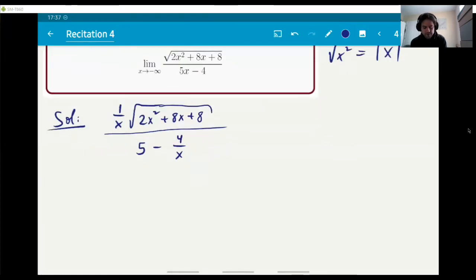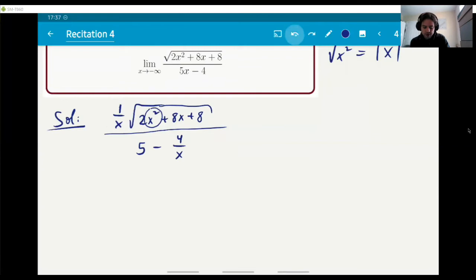So we've divided both numerator and denominator by x. How do we simplify the numerator with the square root? What's going to happen is that we want to factor this x squared term outside of the square root, bringing it in the form of x outside, so that it cancels this 1 over x.